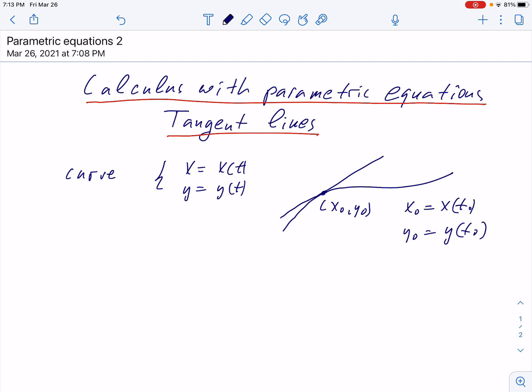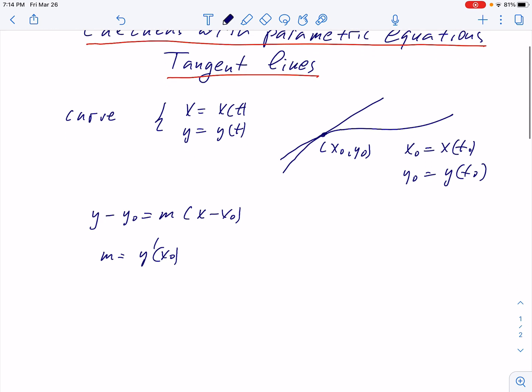The Cartesian equation at this point x0, y0 will look this way. y minus y0 equals m, which is the slope, times x minus x0. And the slope, when we work with the y function of x, is y prime of x0, the derivative at x0. Now how to find the slope if we have parametric equations?